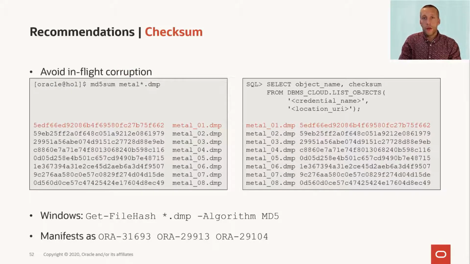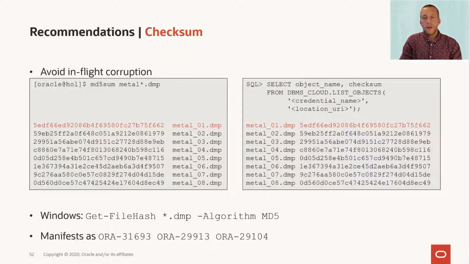What I also would recommend is to check some of your files when they are uploaded to OCI. Often, when the file has to transfer from your location to the cloud, something can go wrong in flight. We do see from time to time that, for instance, Data Pump dump files get corruption in flight. But you can most likely verify that using MD5 checksums.